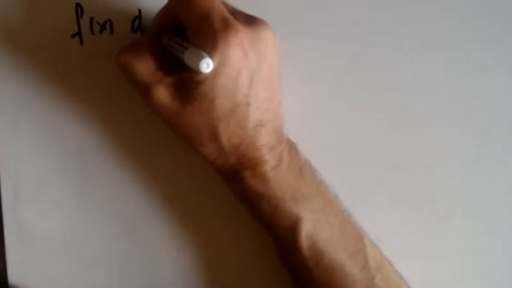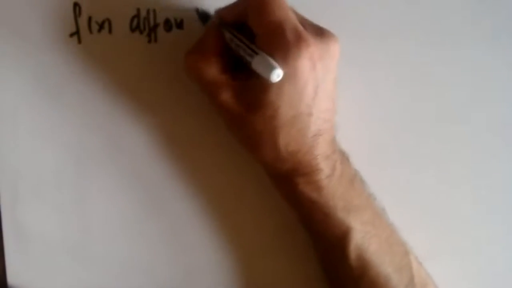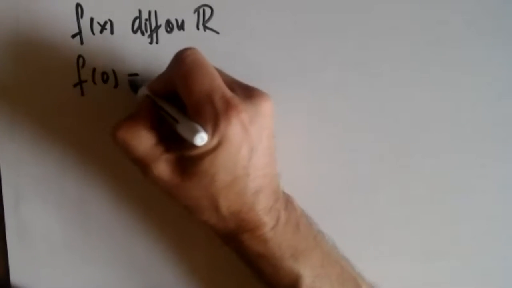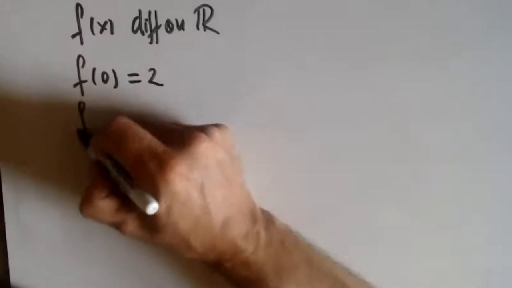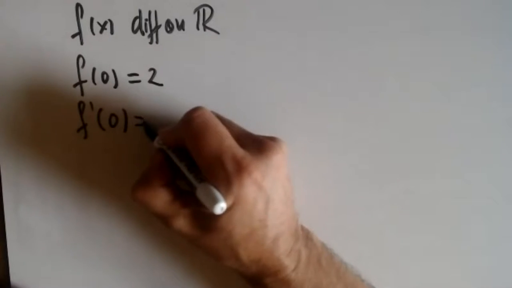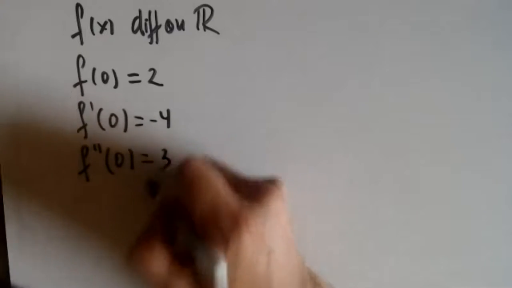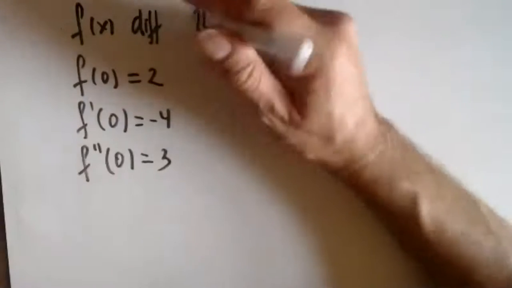The problem says f is a twice differentiable function defined for all real numbers and satisfies the following conditions: f of 0 equals 2, f prime of 0 equals -4, and f double prime of 0 equals 3. Those are the information we have. Correct?